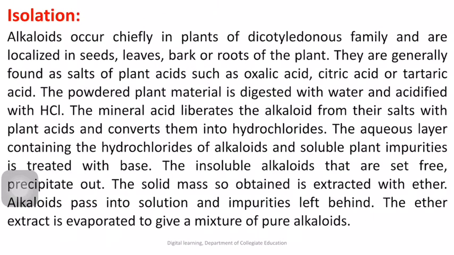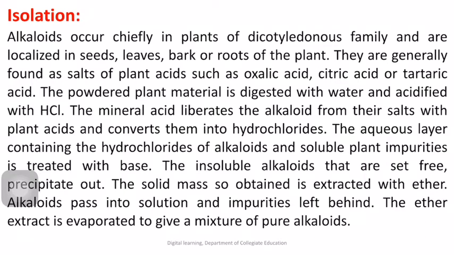Alkaloids are mainly present in plants of dicotyledonous family and are localized in seeds, leaves, bark or roots of the plant. They are generally found as salts of oxalic acid, citric acid or tartaric acid. See, the powdered plant material is first digested with water and then acidified with HCl.